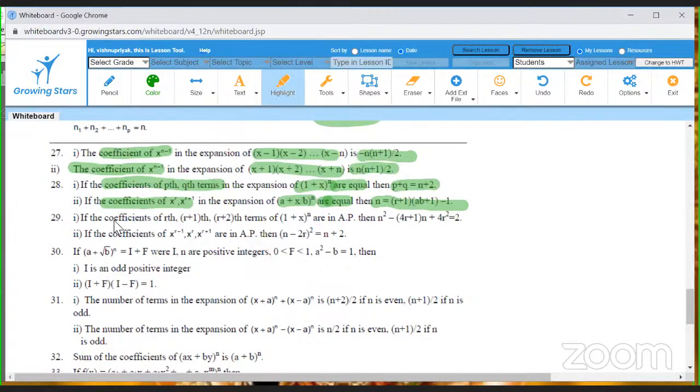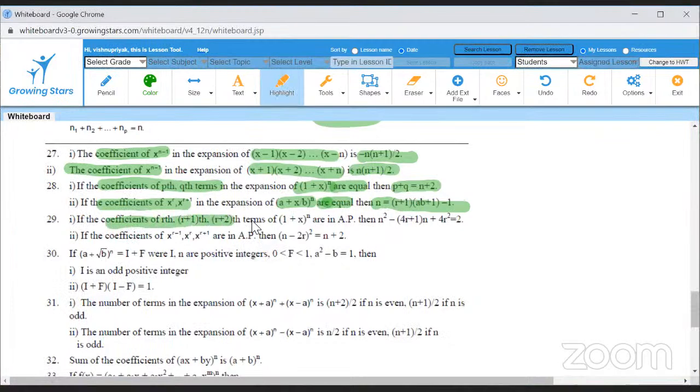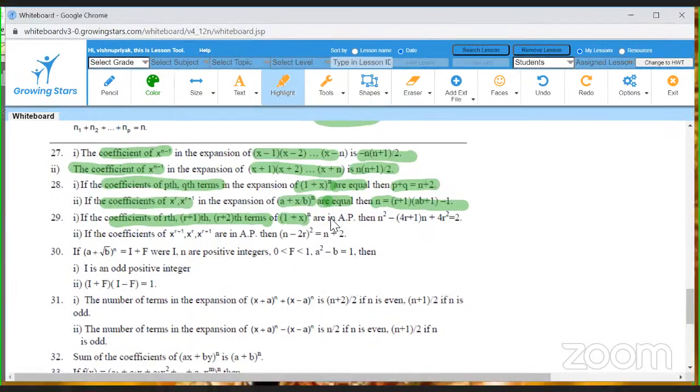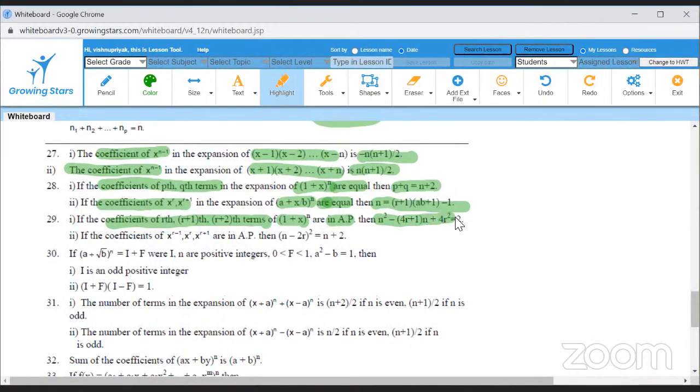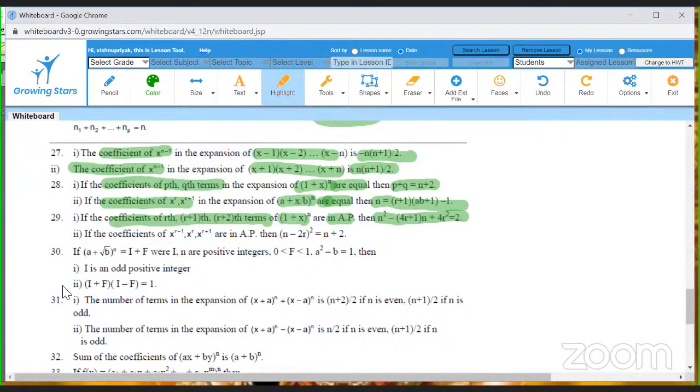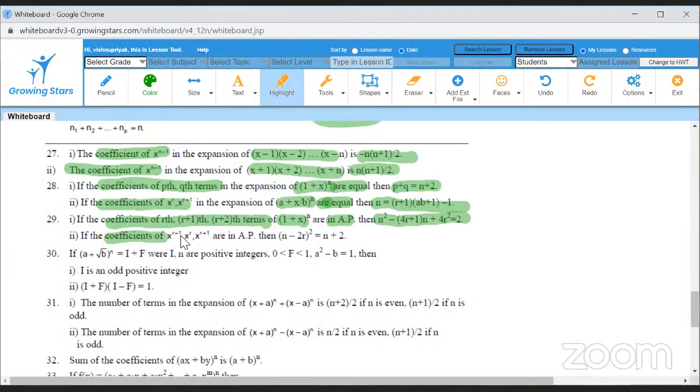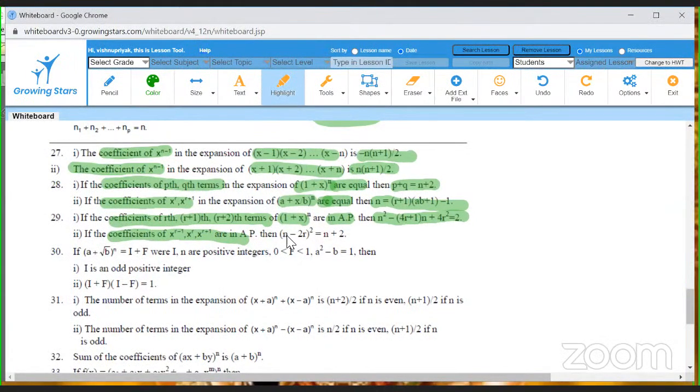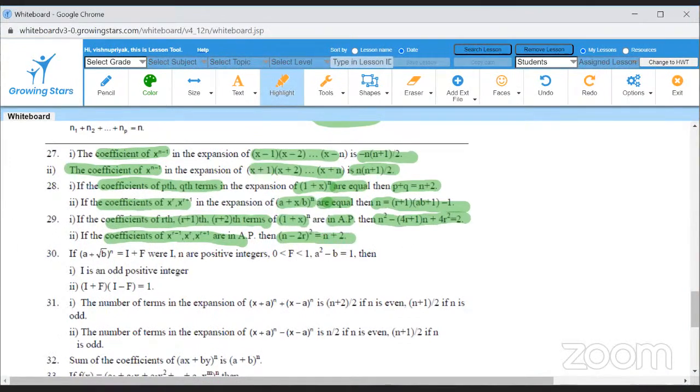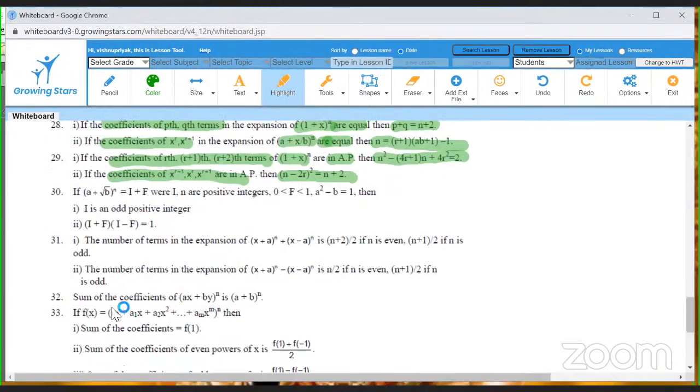If the coefficients of the (r + 1)th and (r + 2)th terms of (1 + x)^n are in AP, then n² - (4r + 1)n + 4r² = 2. If the coefficients of x^(r-1), x^r and x^(r+1) are in AP, then (n - 2r)² will be equal to n + 2.